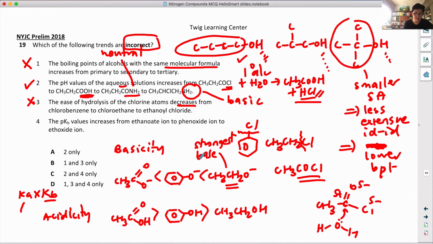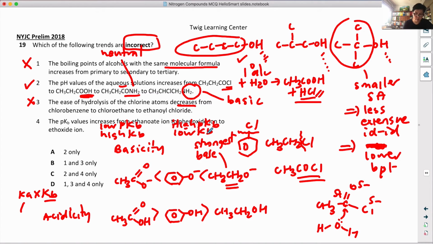The pKb value increases means low pKb to high pKb, right? Low pKb means high Kb, and this is low Kb.